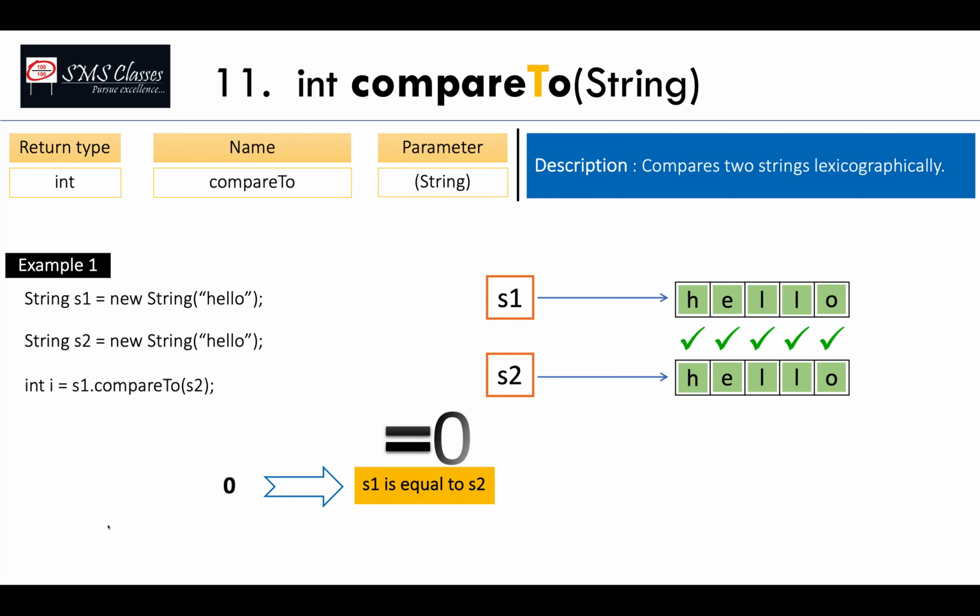So 0 means both the strings are equal. Now, what is special about compareTo is it will help you check which string is greater, smaller, etc. Whereas equals will help only to check whether two strings are equal or not. But using compareTo, you will be able to check which string is greater or smaller, which will be useful for your string sorting.